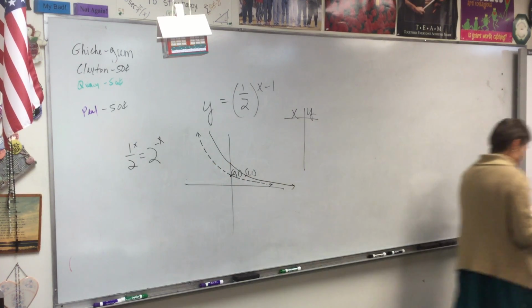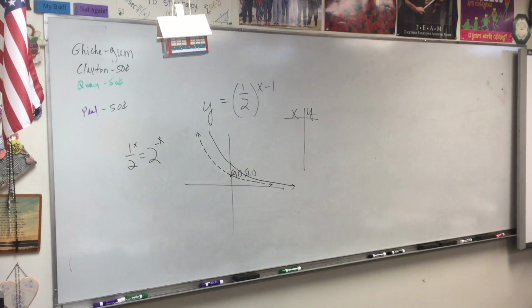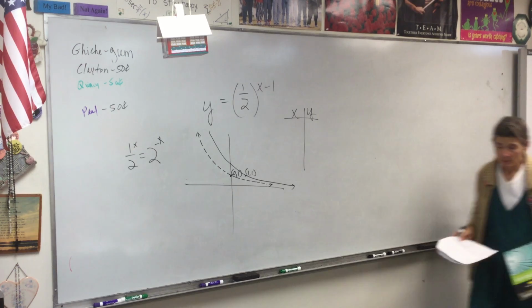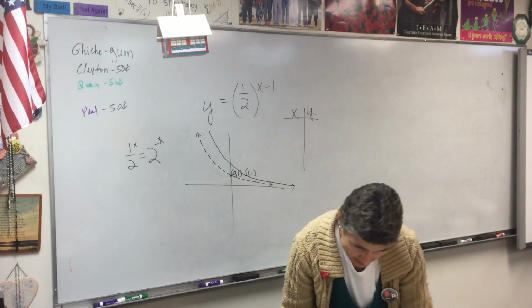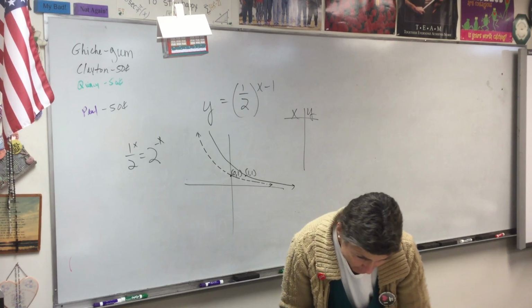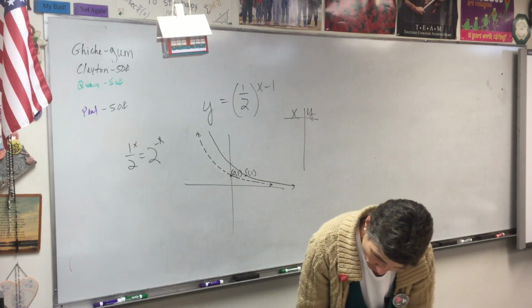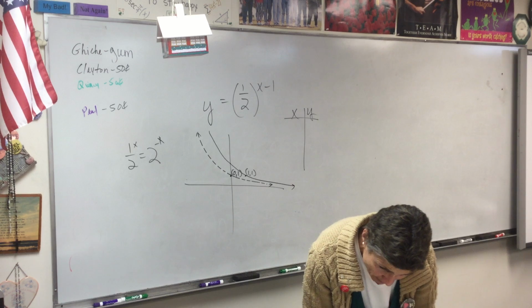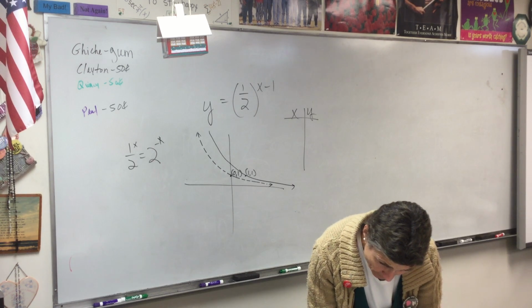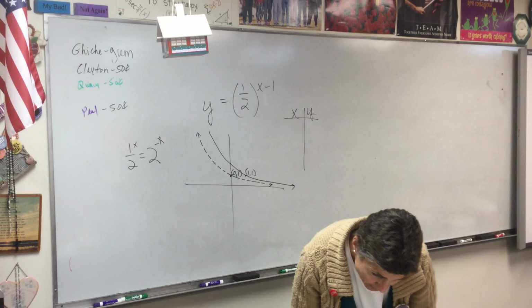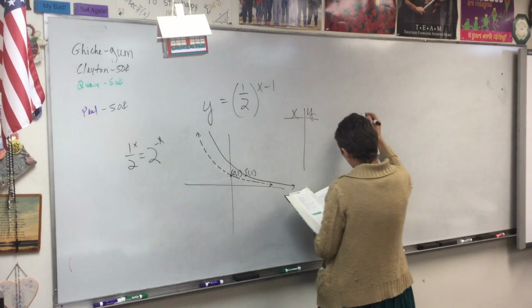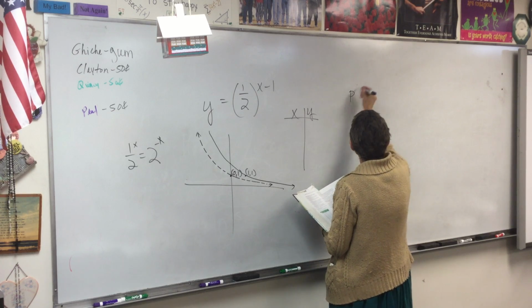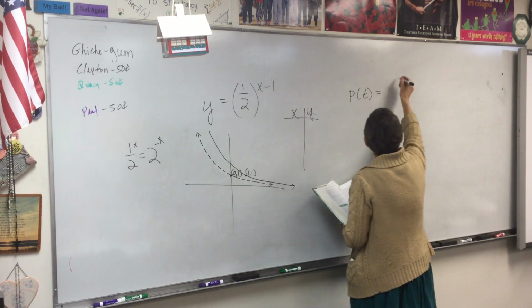All right, now I'm looking on page 347 at number 94. I ran out of room and couldn't write any more problems, so I just got lazy and said, look in your book. So 347, number 94. It says the population of deer after T years in the state park is given by this equation.